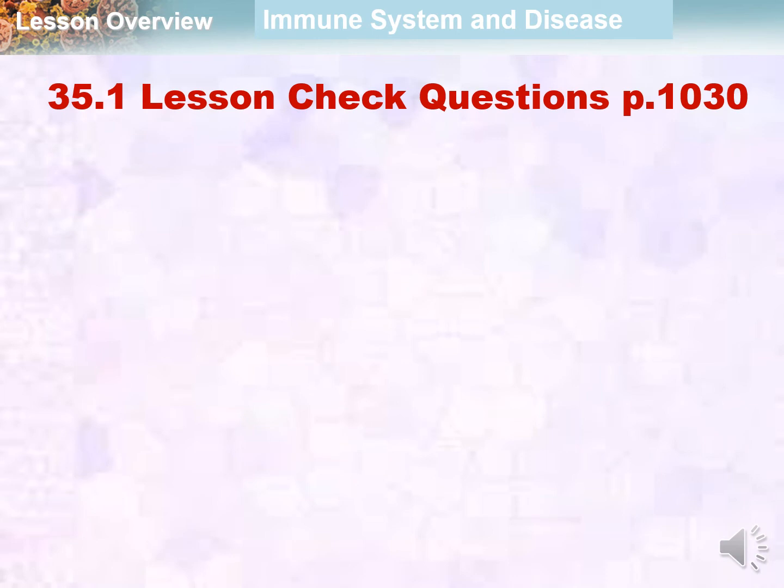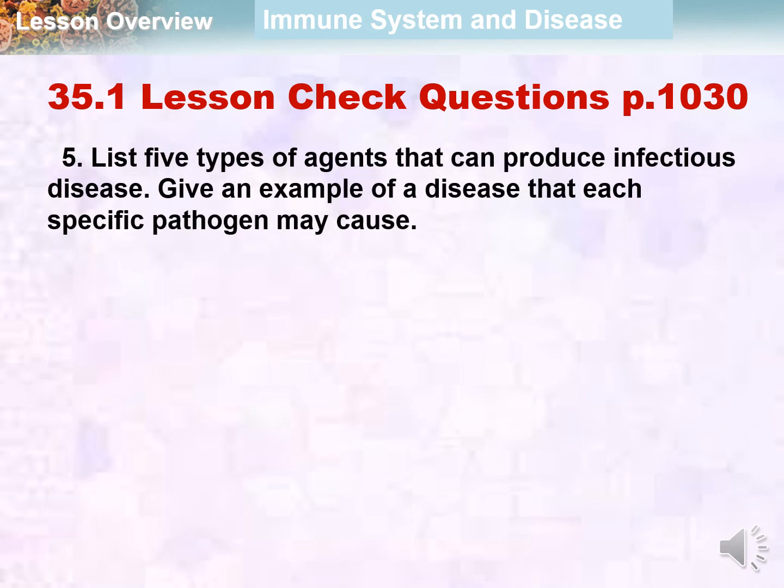Now let's have lesson check questions on page 1030 from lesson 1. Let's first have number 5 question. List 5 types of agents that can produce infectious disease and give an example of a disease that each specific pathogen may cause.